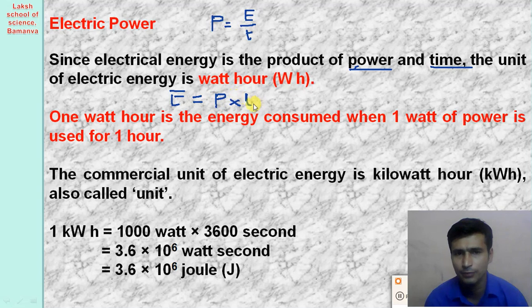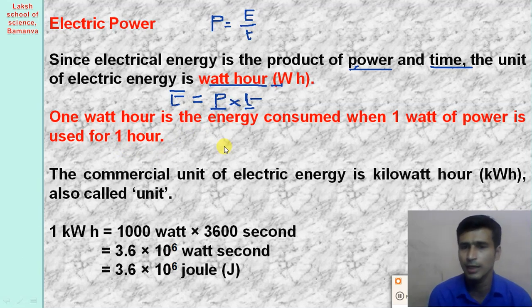So from this formula the unit of electric energy is watt into hour. The unit of power is watt and the unit of time is taken as hour. So 1 watt hour is the energy consumed by 1 watt of power in 1 hour.